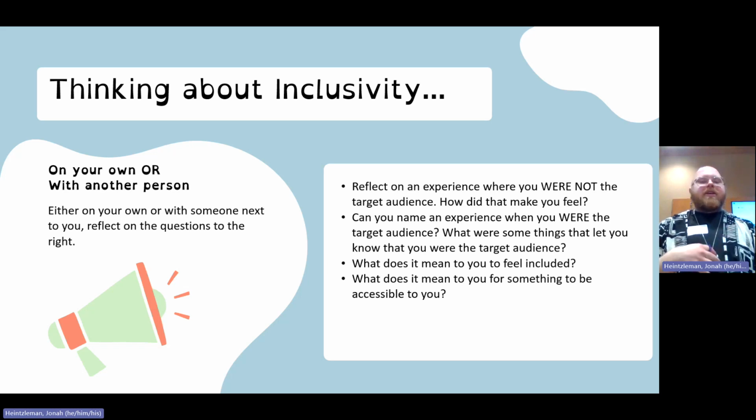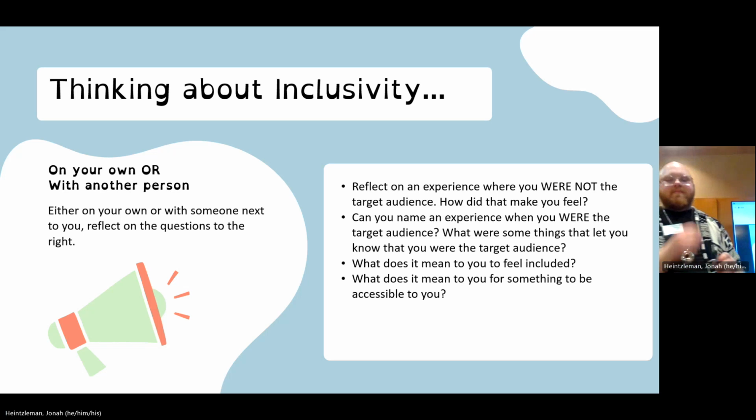And then can you name an experience where you were the target audience? What were some of the things that let you know that you were the target audience? What does it mean to feel included? And what does it mean for something to be accessible to you? So take some time either on your own, jotting it down, or with the person next to you. Think about those questions.